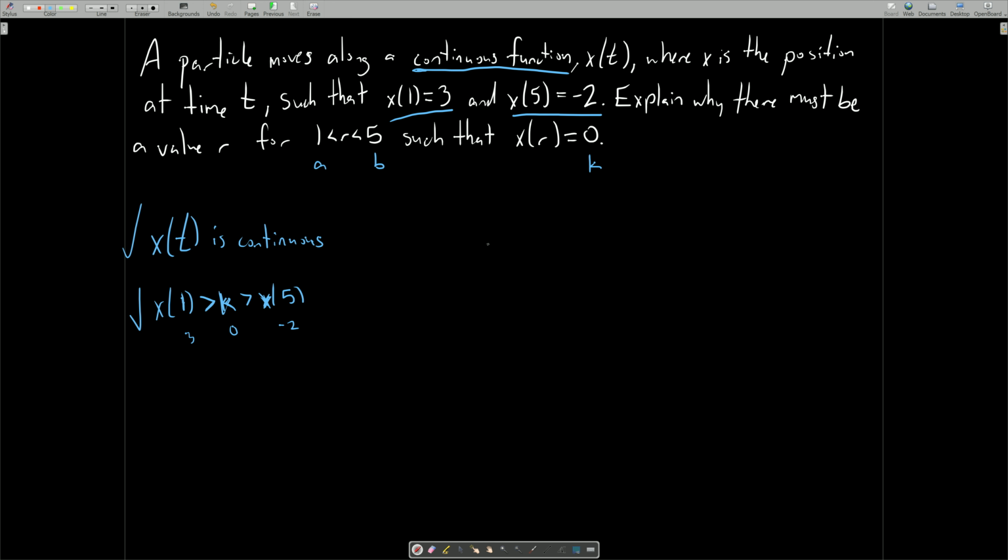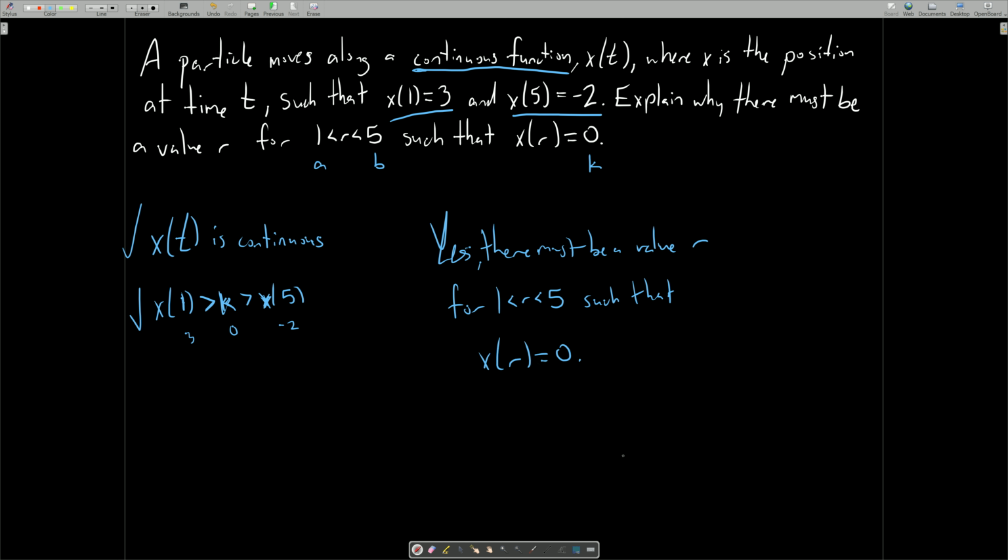You've written these two down. Now I can say, yes, there must be a value r between 1 and 5 such that x of r equals 0. And that's how you solve intermediate value theorem problems.